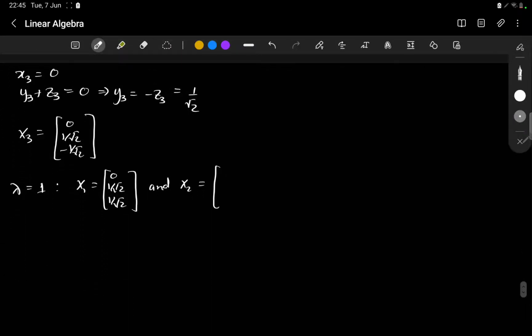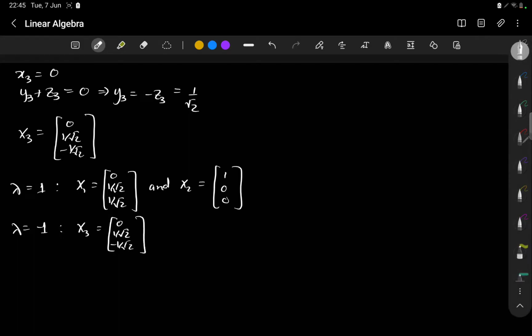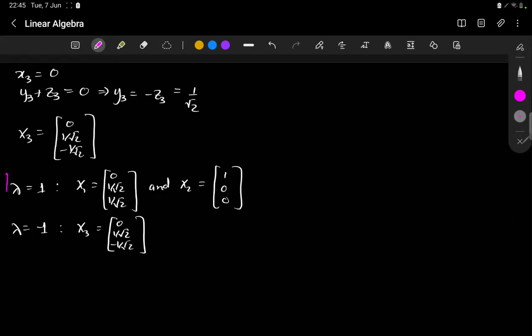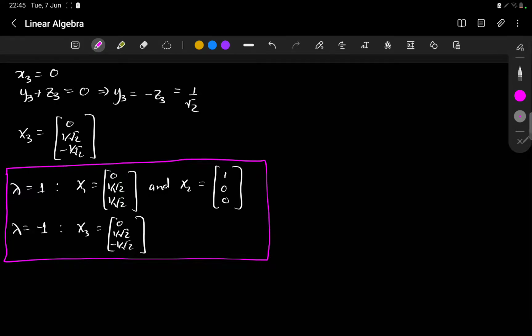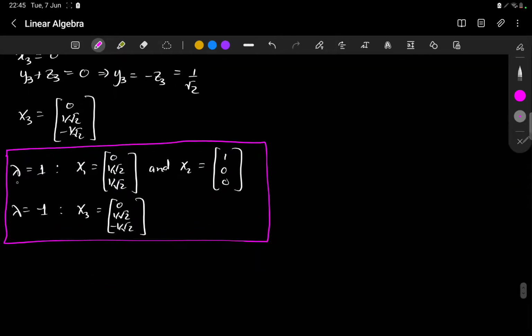It's 100. So these are the 3 eigenvectors that we have corresponding to the eigenvalues, out of which lambda 1 is doubly degenerate. As a result, it has x1 and x2, two eigenvectors.